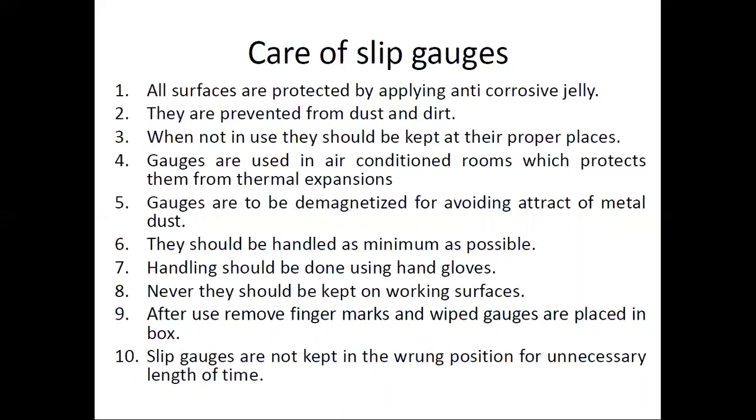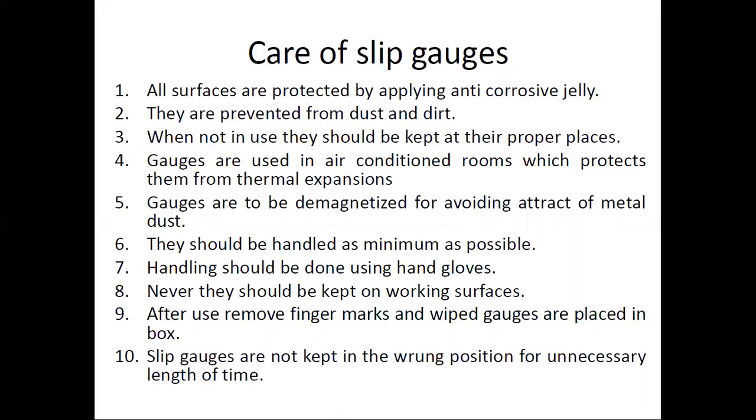This part is covered in your strength of materials. The coefficient of thermal expansion is mentioned there, and you calculate thermal stress. Due to temperature difference, if temperature increases or decreases, contraction and shrinkage of the slip cages occur.